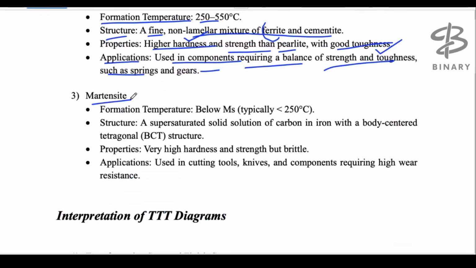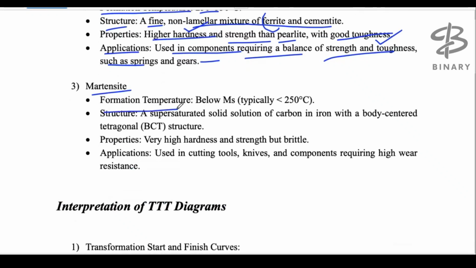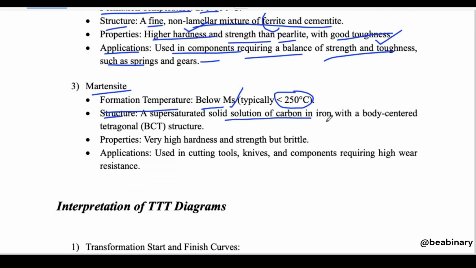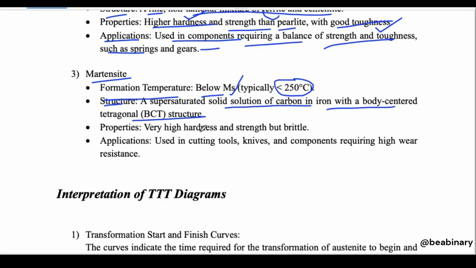Now we talk about Martensite. The formation temperature is below Ms, the martensite start temperature, which is less than 250 degrees C. The structure is a supersaturated solid solution of carbon in iron, with a body-centered tetragonal, BCT, structure. Properties: very high hardness and strength, but brittle.